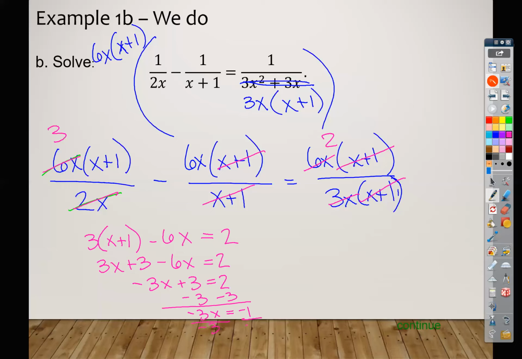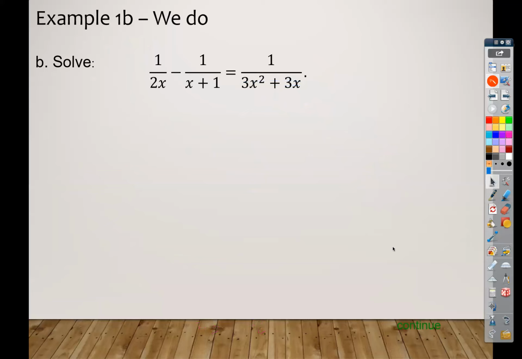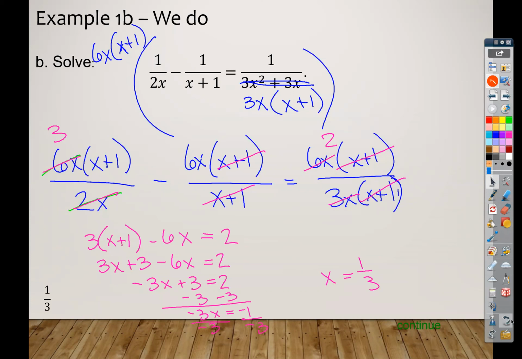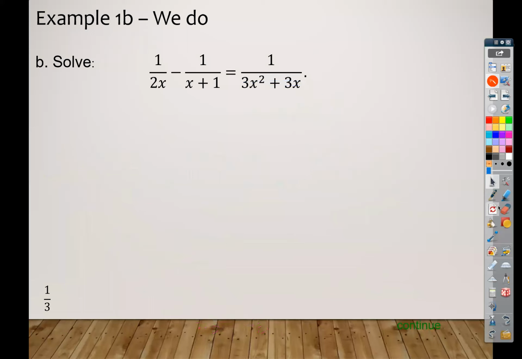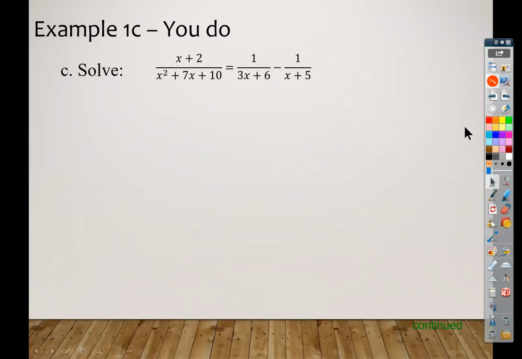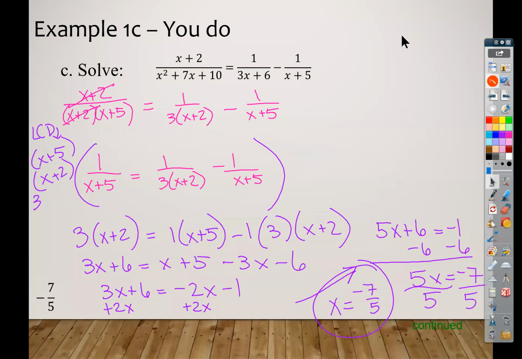Divide by negative 3, and I would get x equals 1/3. Okay, now you get to do one. So try that. And I get -7/5 as my answer.